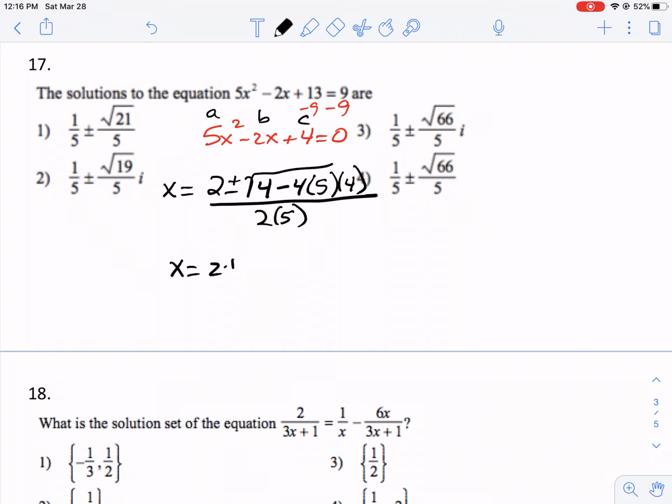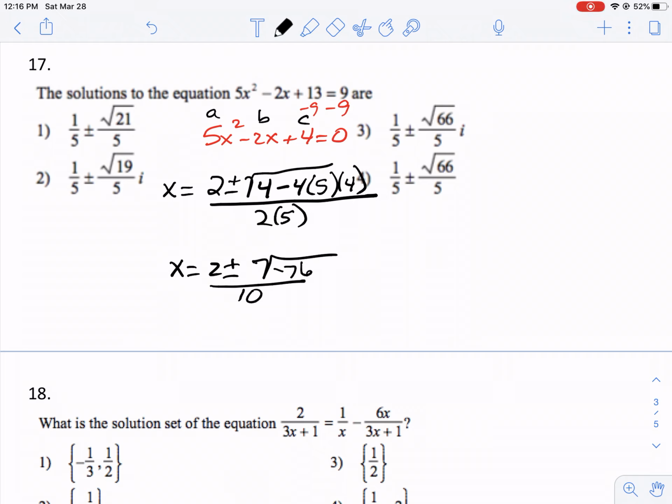And we're just going to clean up the radical there. So 4 minus 80 is negative 76. I think. All right, so yeah, 4 minus 4 times 5 times 4.